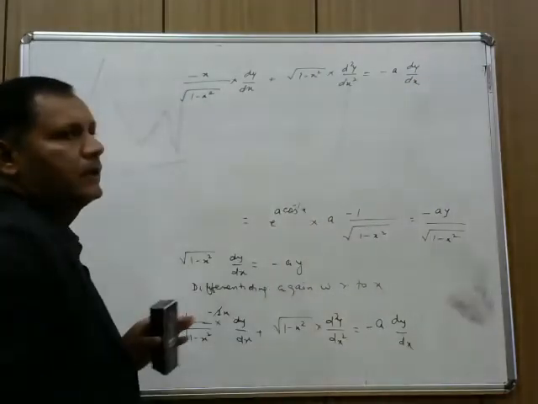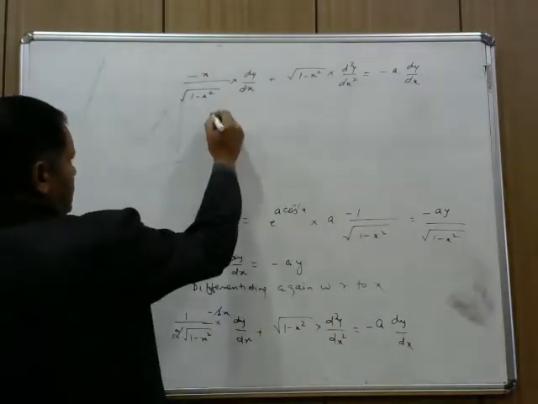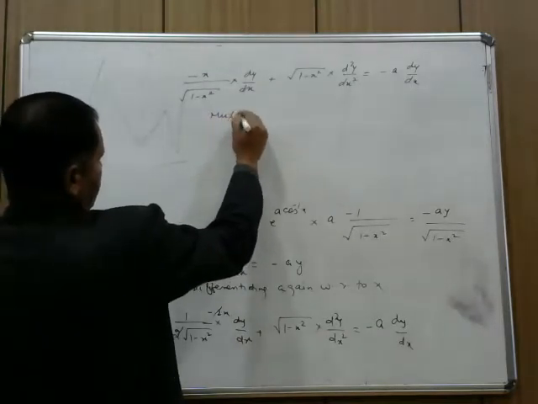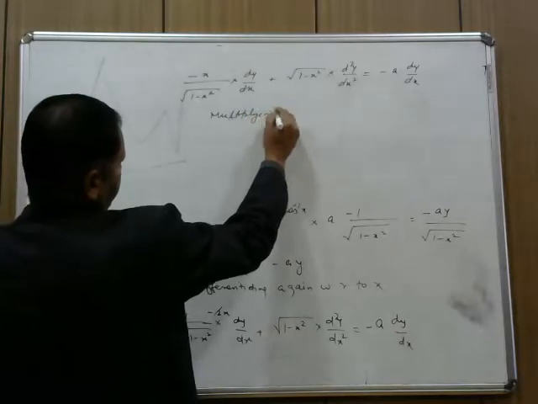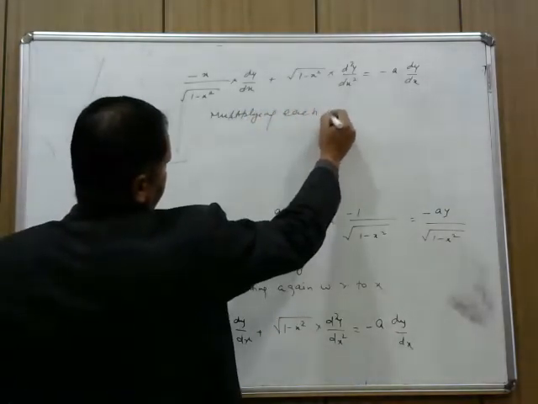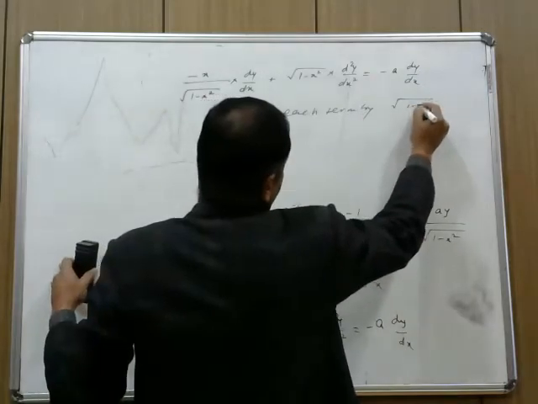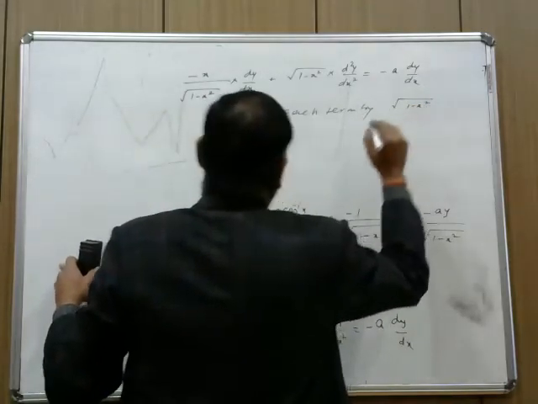Multiply each term by √(1−x²). Multiplying each term by √(1−x²) on both sides.